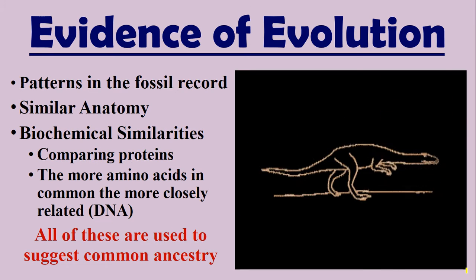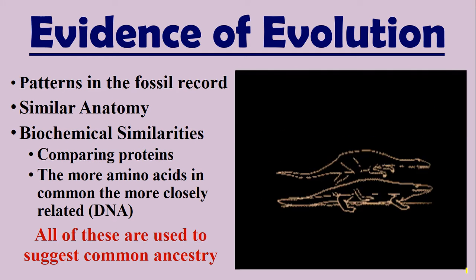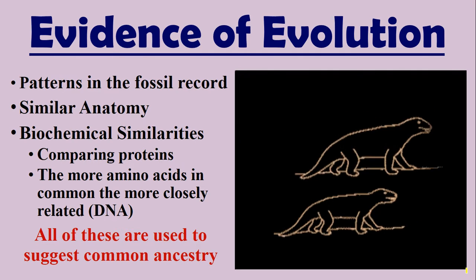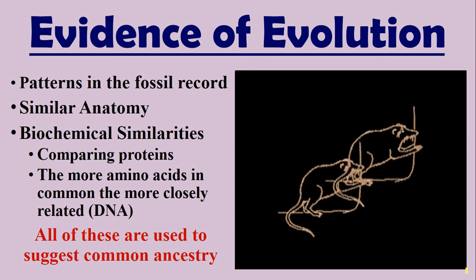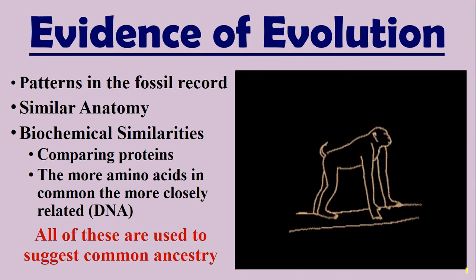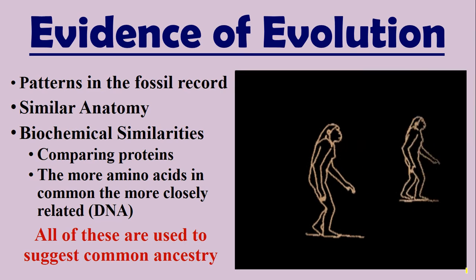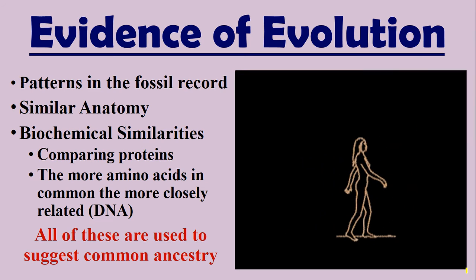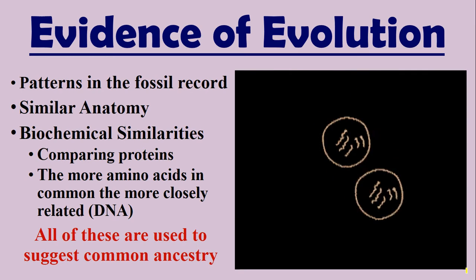That just means comparing proteins, basically DNA similarities between past organisms and now organisms. Like they're almost exactly the same. So we would look at the amino acids and the nucleotides and see the sequence and everything like that. Now, all of these suggest that there was once a common ancestor for everything in evolution.